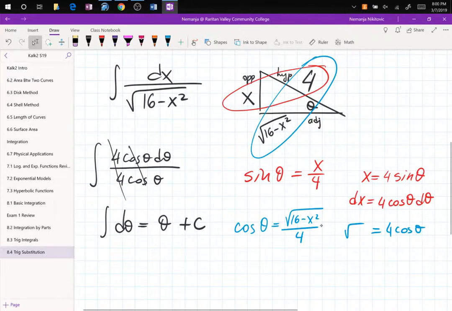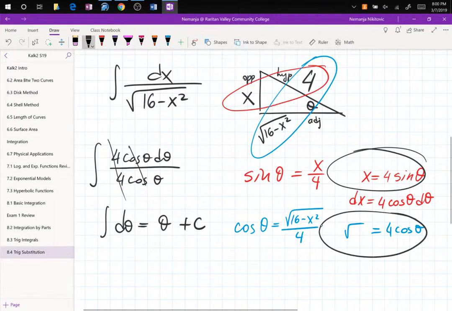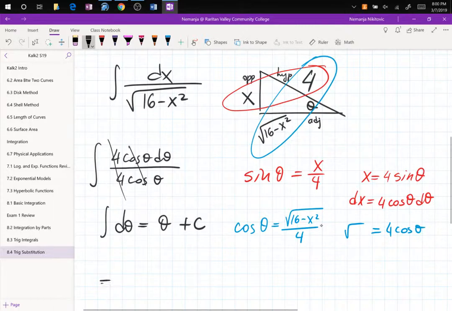I have to convert that back into x's. No one cares about theta. So what should I do? Pick any function that is a relationship between x and theta and just apply the inverse. If you pick the red one, what's theta?